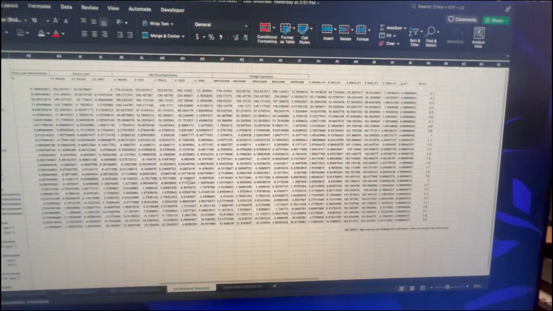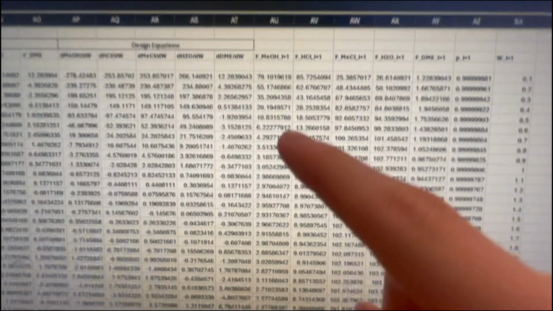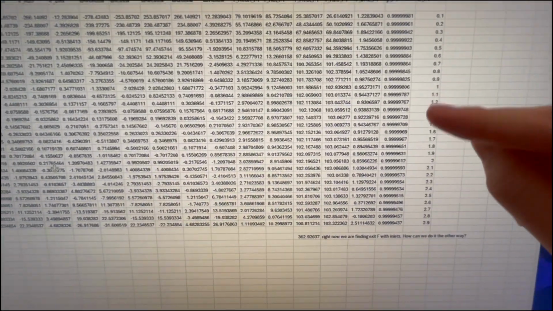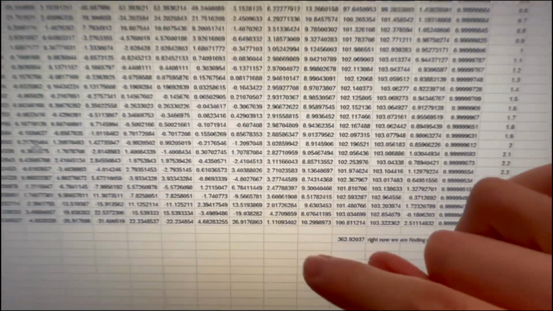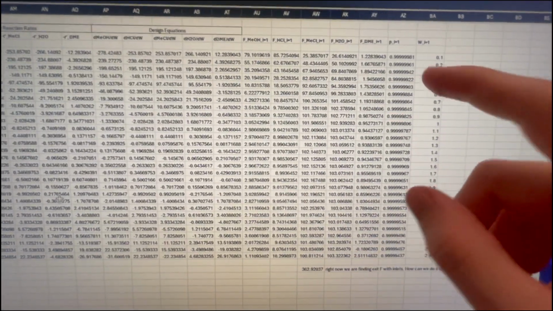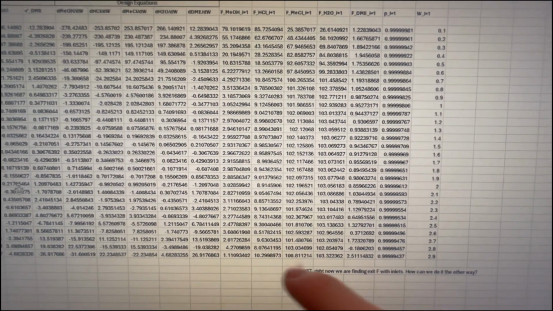What we're doing is saying at every kilogram of catalyst, how much of each flow rate do we have? We keep iterating this down until we hit the target flow rate or until we can't produce any more product. So at this much catalyst weight, we get these output flow rates. These values are very similar to our HYSYS simulation.